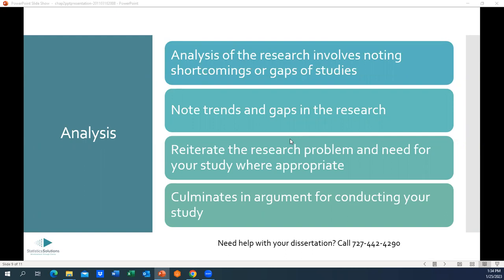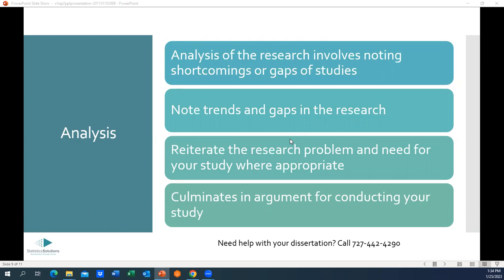So when you get a chance and you say, well, the study didn't focus on whatever it is you happen to be focusing on, then that gives you an opportunity to say, there's a need for a study on this. That's what your study is designed to do. Because again, the whole thing kind of culminates into an argument for conducting your study.